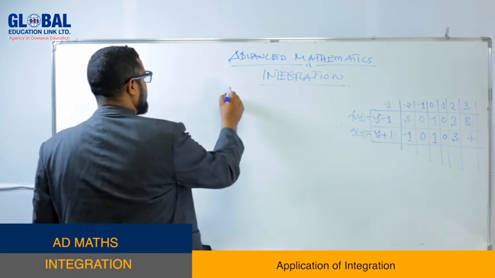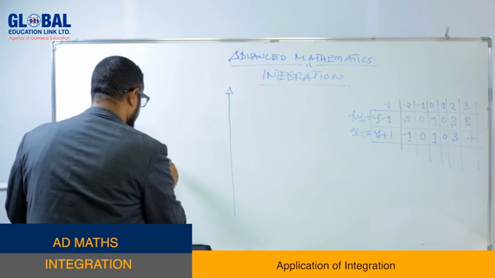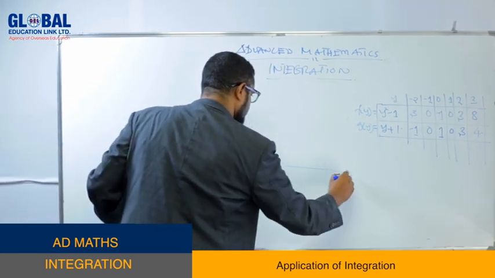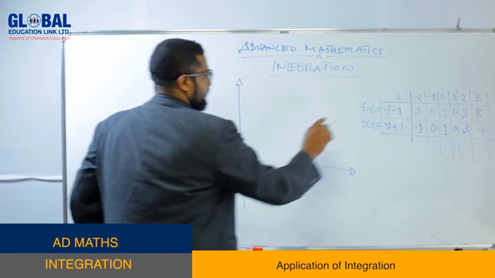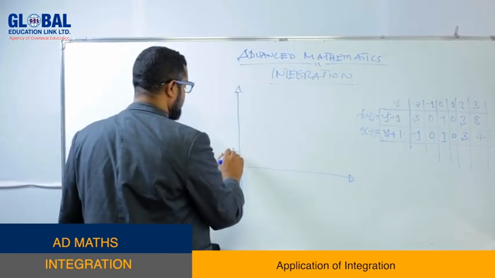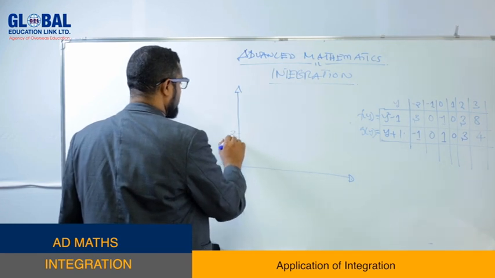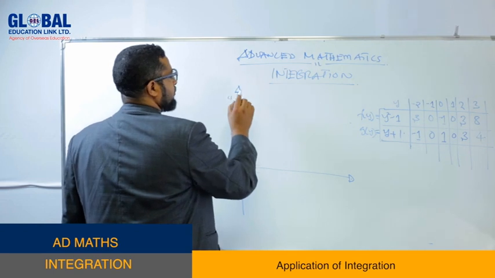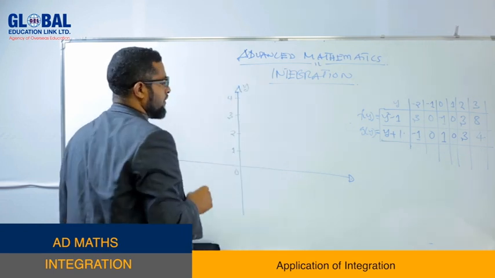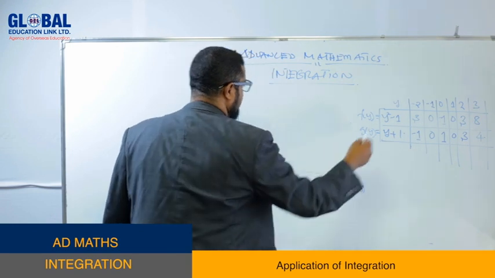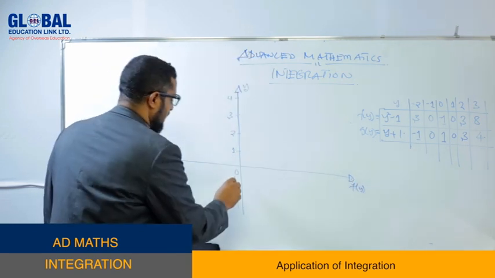Now sketching the curves. So remember, these are the values of y. So we have 0, 1, 2, 3, 4. So these are the y values. And this will be the value of f of y, which is the same as taking the x-axis.